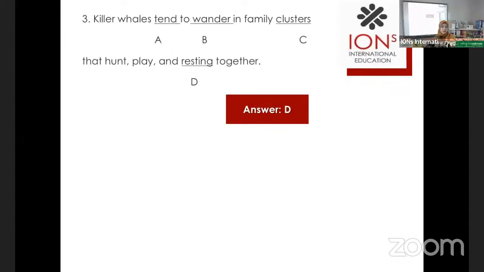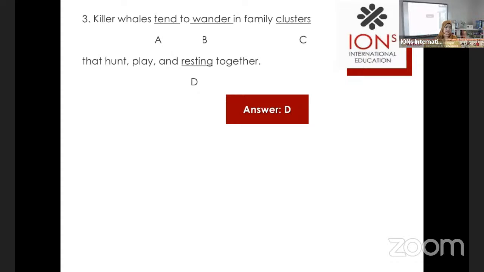Kenapa D itu salah, Miss? D is incorrect because all the words that are in the coordinate connectors, which has coordinate connectors. Di situ kan ada and, ya. Nah, and di situ menghubungkan apa saja?